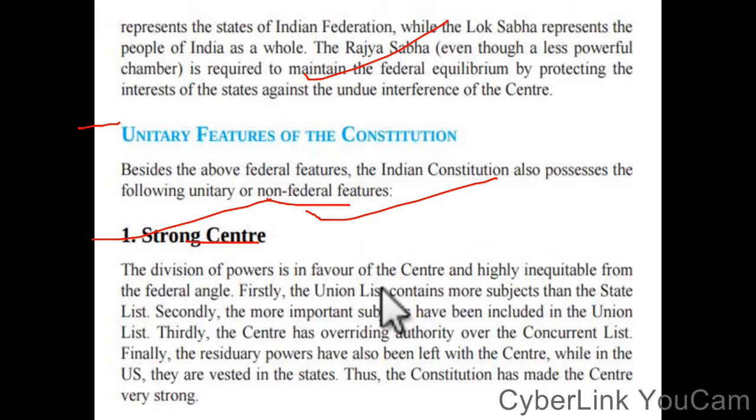The division of powers in favor of the center is a high inequality from the federalist angle. Firstly, the Union List contains more subjects than the State List. Secondly, the more important subjects have been included in the Union List.